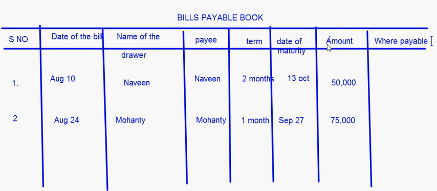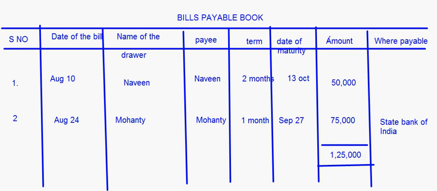This we had in the bills receivable book also. Here you will write it is payable at State Bank of India. After this you can have the remarks column. So these are the two transactions we have. At the end of the month you just total them. So this comes to 1,25,000.